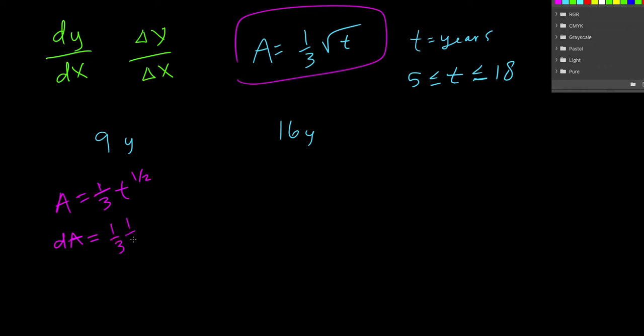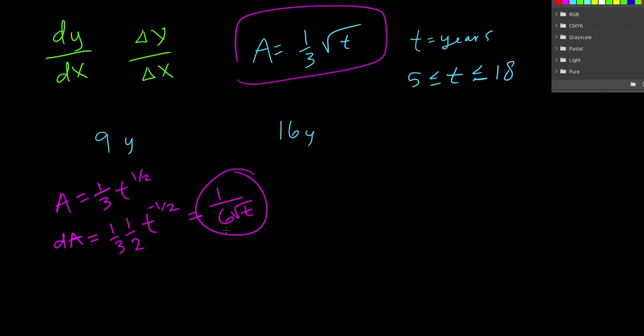We're going to bring the 1/2 down, and then t, and then we reduce it by 1, so it becomes negative 1/2. So if we simplify that, it's going to be 1/6, and then this is the square root of t, but it's on the bottom this time. Okay, so this is our derivative that we're going to use, and that's what we're going to plug 9 into.